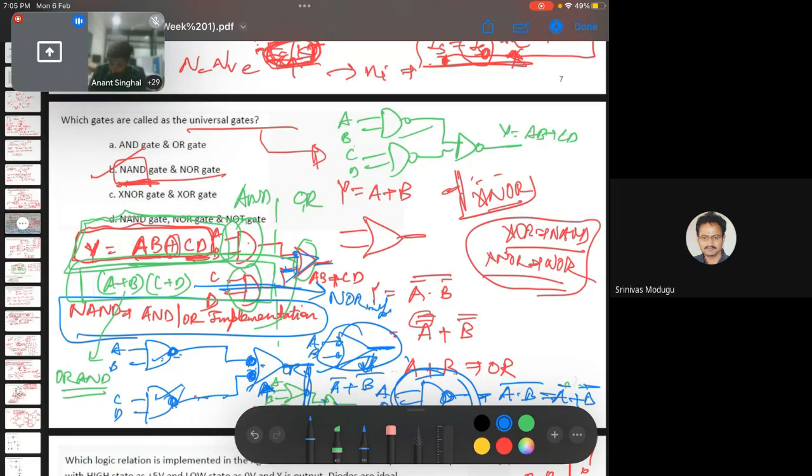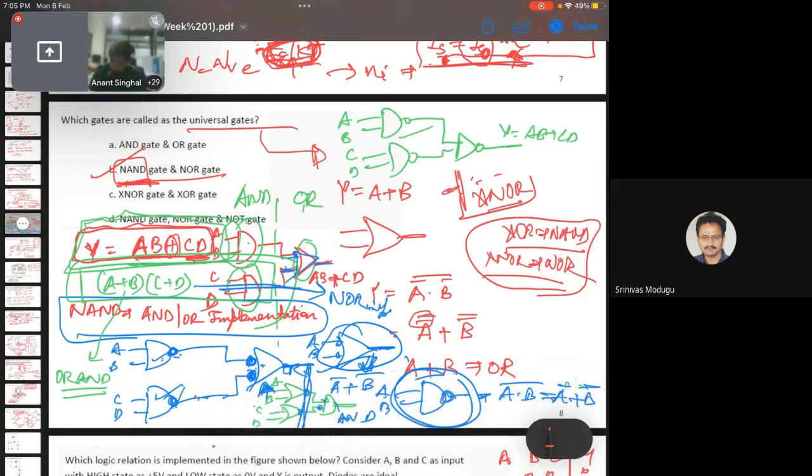Is it fine? We shall wait for a minute. If anyone is having any query, they can type in the chat box. Even if you don't have any query, you can write that you don't have any query. Okay.